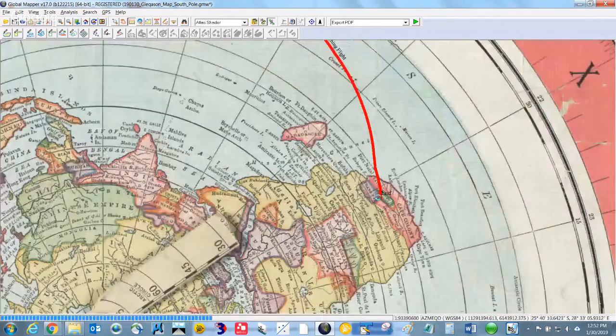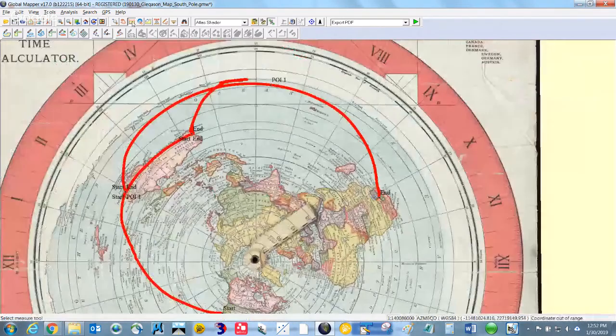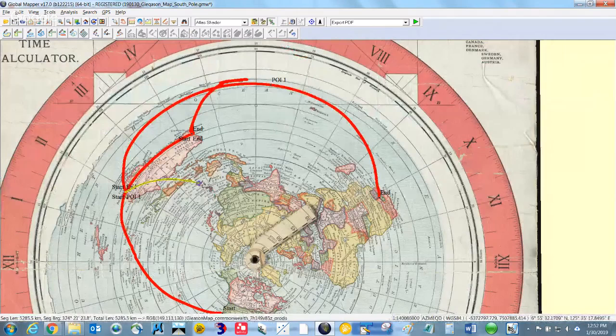So let's measure the distance. I've got the measuring tool already turned on. From here, and look, I'm pulling straight across, right? But the software, which is using the parameters of this mapping projection, does it correctly. I would not be able to figure out that math.